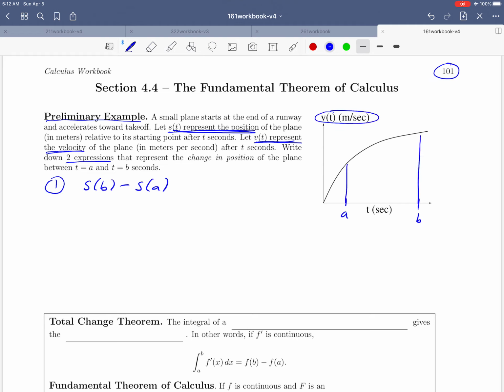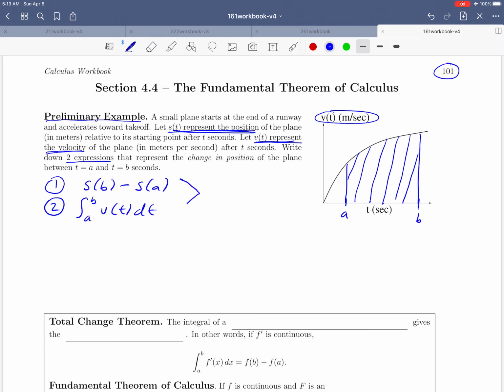Over here to the right, we've got a function that represents the velocity. And in that problem, you convinced yourself that the area under the velocity curve has distance units to it. It's measured in meters. And so we can measure that same change in position by taking the integral of the velocity function.